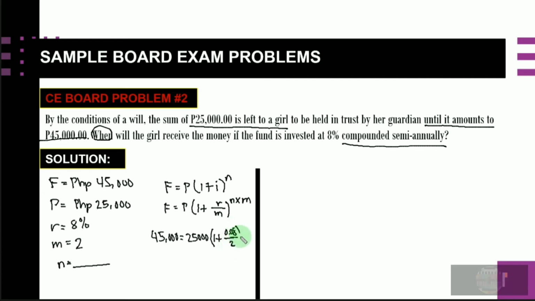Okay, and then this one raised to the N times your M, which is 2. Okay, so if we are going to simplify this one, 45,000 divided by 25,000 is just simply equal now to 1.8 equal to this 1.04, and then this is raised now to the exponent of 2n.